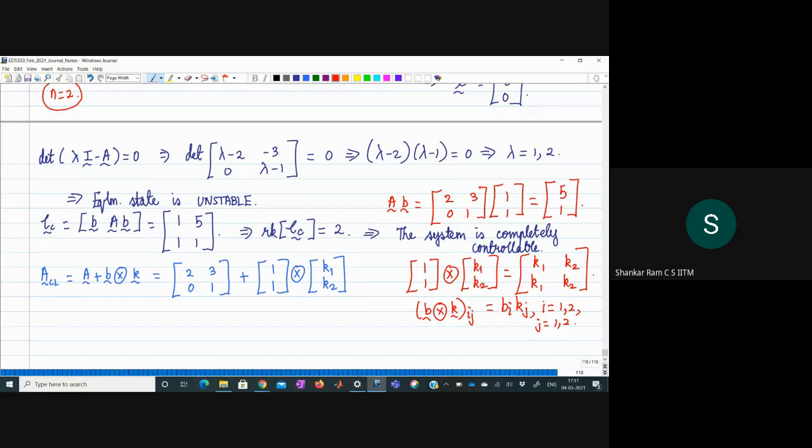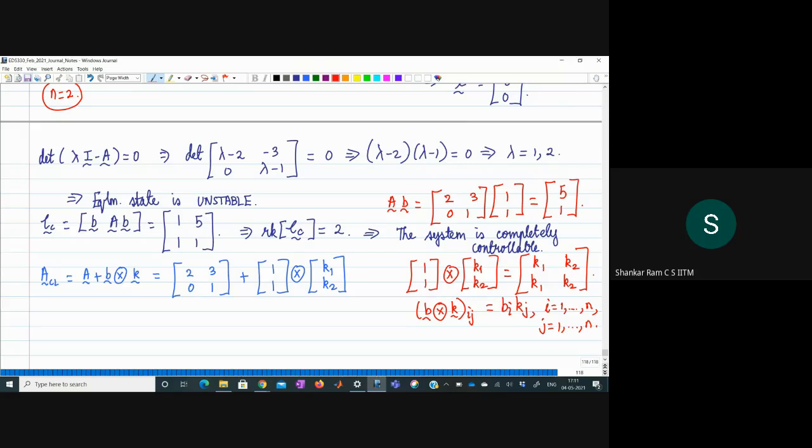In general, i goes from 1 to n and j goes from 1 to n, so that is the general formula. The outer product of B and K will be a matrix of size n by n.